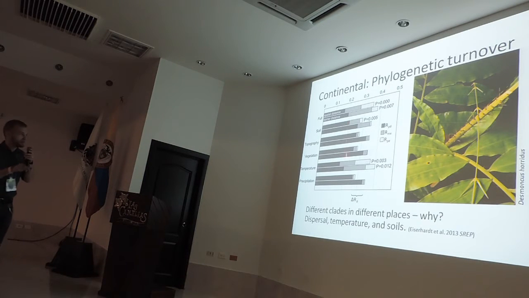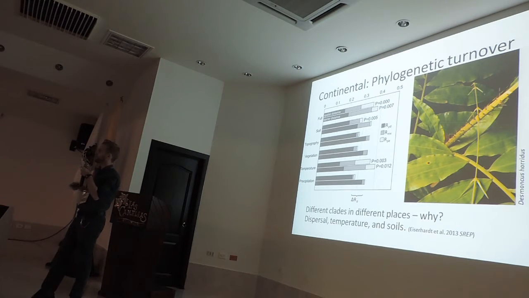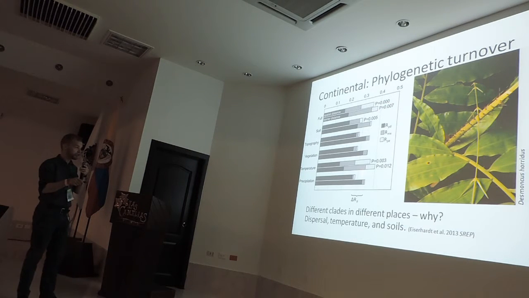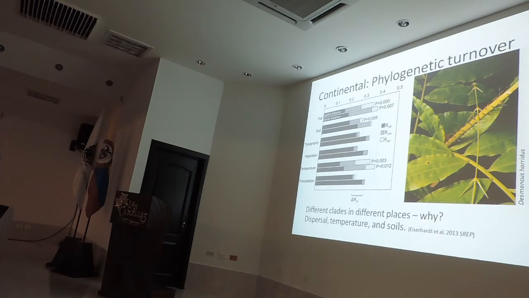And if you now look down to the rest of the figure, this is basically just the environment as a whole, broken up into different categories. The things that show up as significant for the environmental effect are temperature, and interestingly, mainly temperature seasonality, and soil.